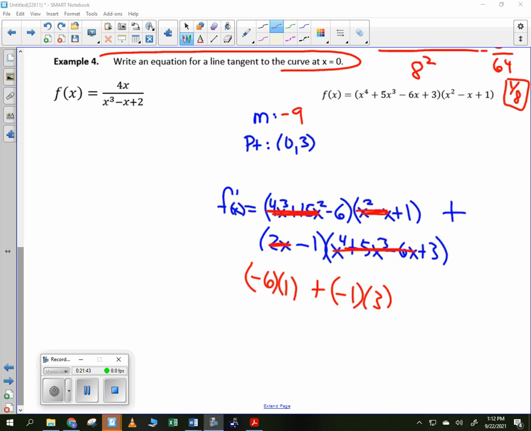Isn't that nice? True or false? This is the y-intercept of the line. True. If you were to graph it, 0, 3, 1, 2, 3, that's the y-intercept, right? Yeah, so it's just y equals negative 9x plus 3. Done and done.